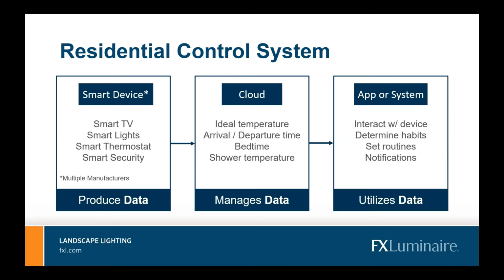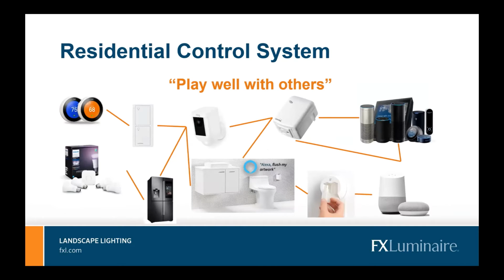Because right now it's all independent. And one thing that all of these different products do is they all work well with each other. And this goes back to that concept that not one single manufacturer can create a smart device to do all of these different things. But they also know that in order for them to be successful, they need to be able to communicate with these other products in order for a customer to make their house smart.